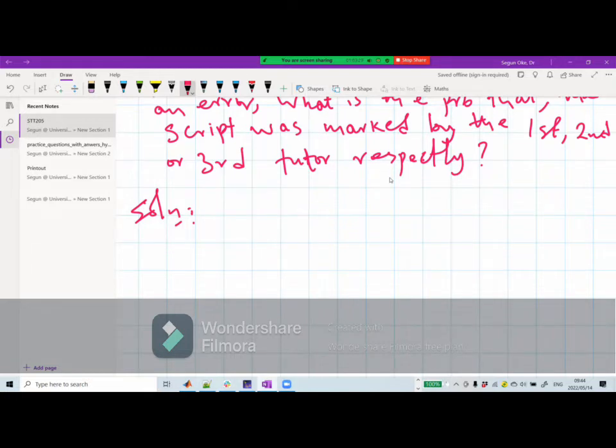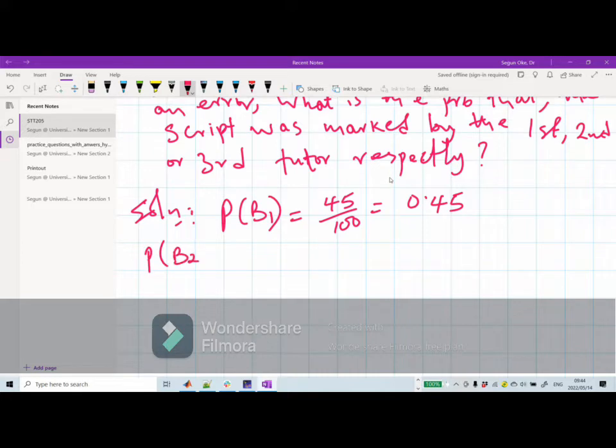Let's start from there. P1, probability of B1 is what? 45 divided by 100, which is equals to what? 0.45. Okay, go ahead. Tutor B2 marks 35%. 35 divided by 100, 0.35. While B3 marks 20% of the assignments.